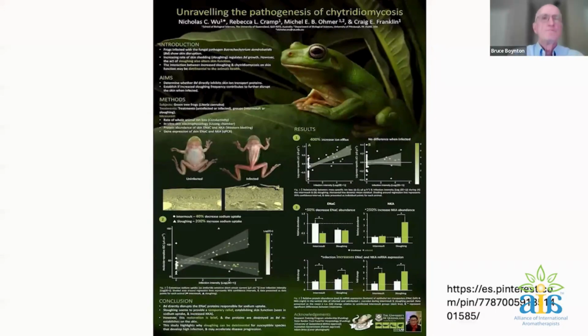Here's another one. Unraveling the pathogenesis of Tripiomycosis. I guess that's some sort of fungus. I can understand that. Boy, this frog here really catches my attention. Does it flow well? Introduction, aims, methods. Yeah.